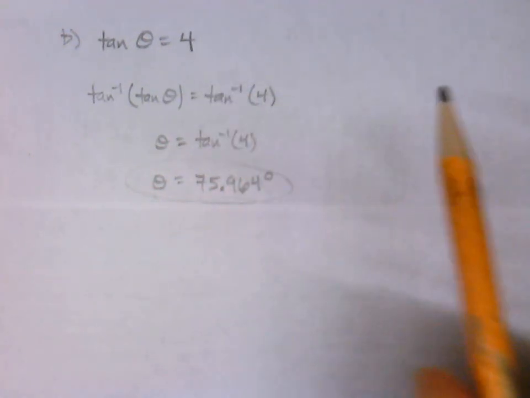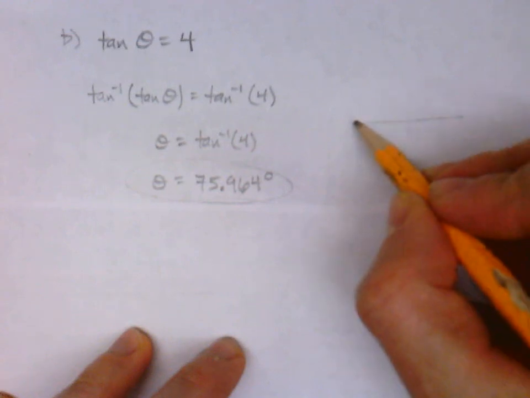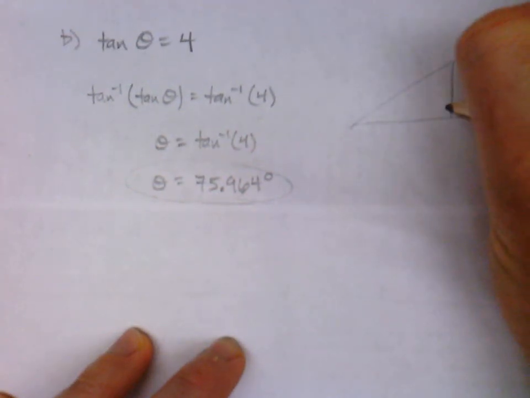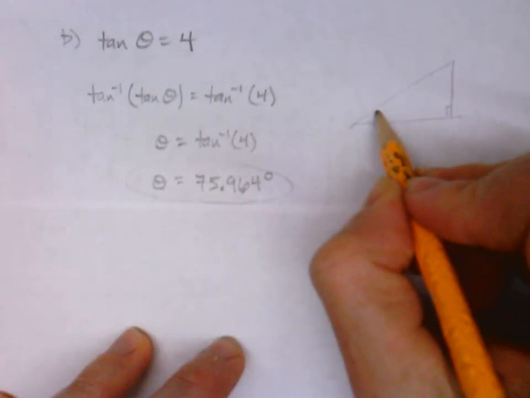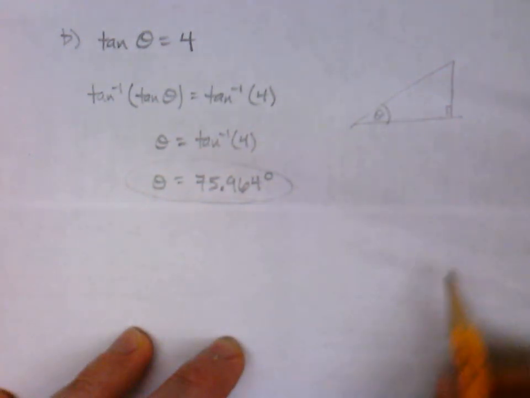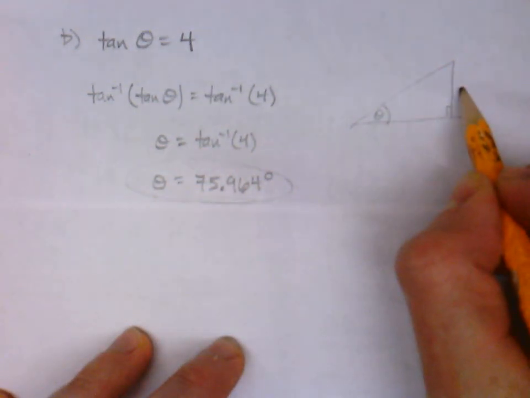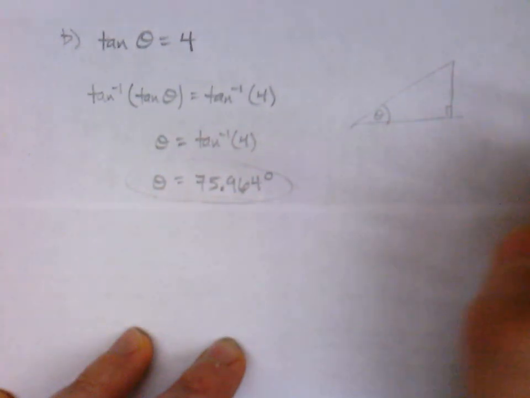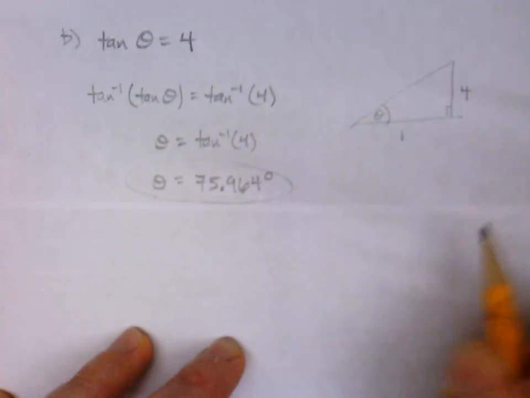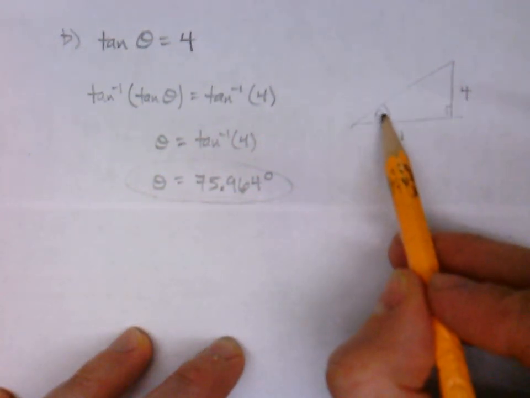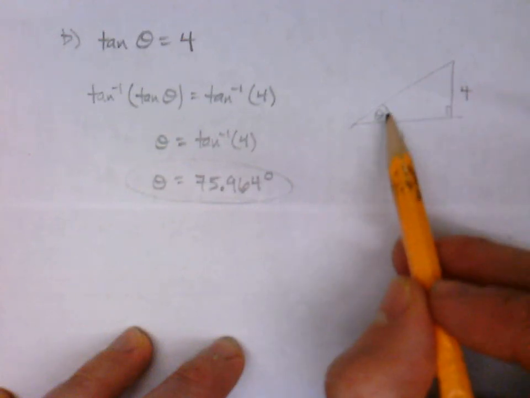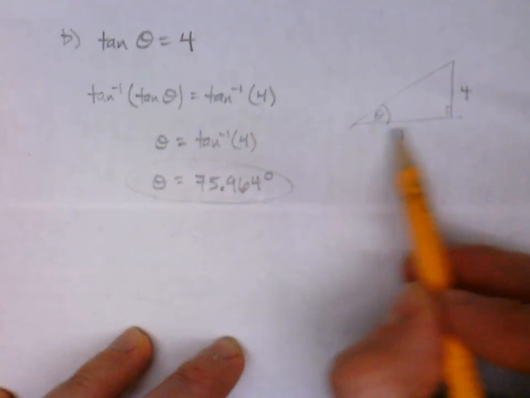So if there was a right triangle, to get a ratio of 4, we can even just draw a quick sketch of what's happening. If this is our angle theta and tangent is opposite over adjacent, if it's 4, you could think of it as 4 over 1. What angle would create such a ratio, that this is 4 times bigger than this?